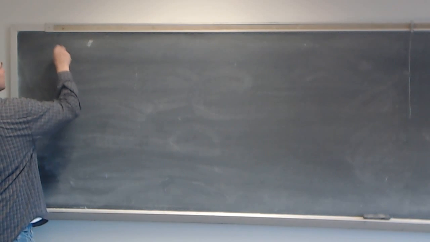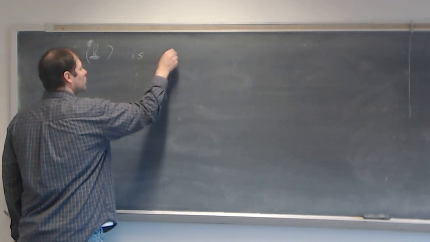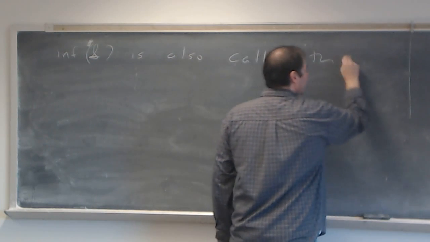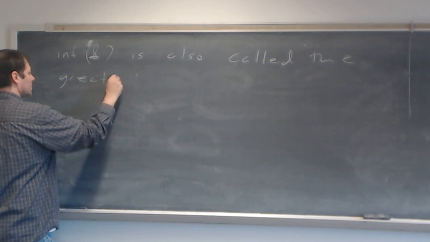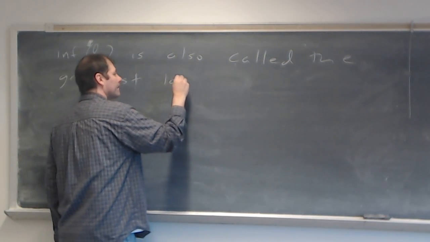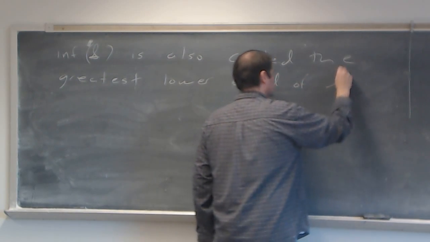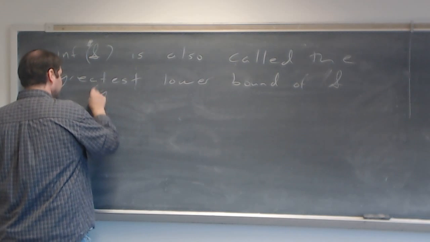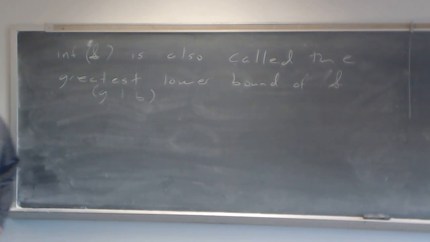So, an infimum of script S is also called the greatest lower bound of S, and we abbreviate greatest lower bound by GLB. So it's a lower bound, but it's the biggest of the lower bounds.